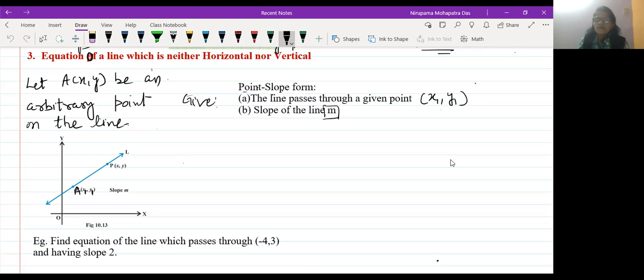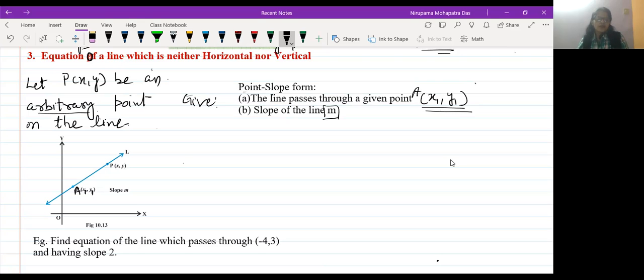The given point is x1, y1. This is A and this point is P. In most cases, let's take Pxy as any point, variable point, moving point, so an arbitrary point.